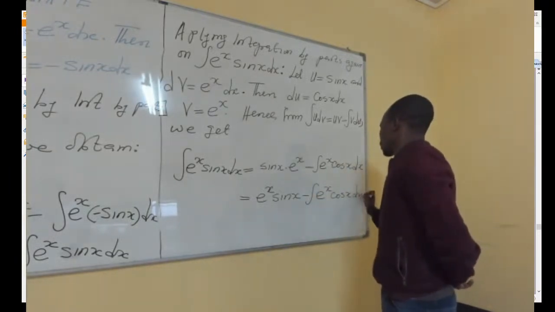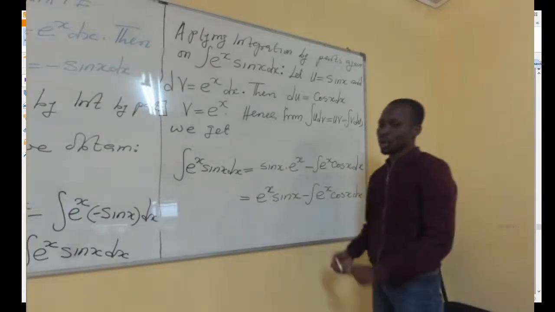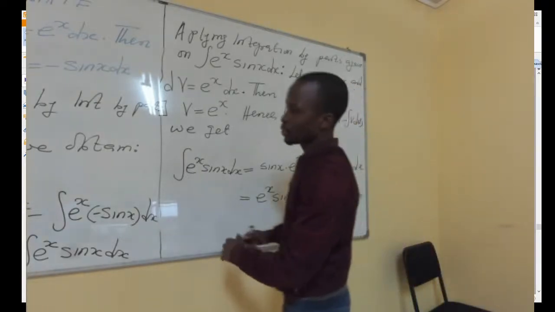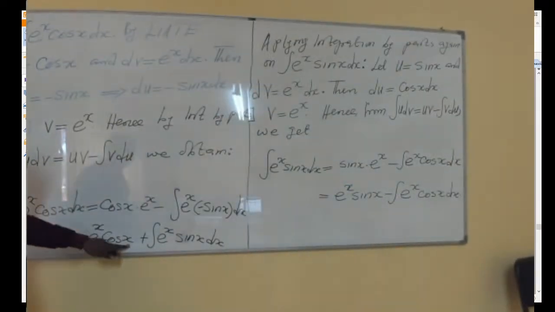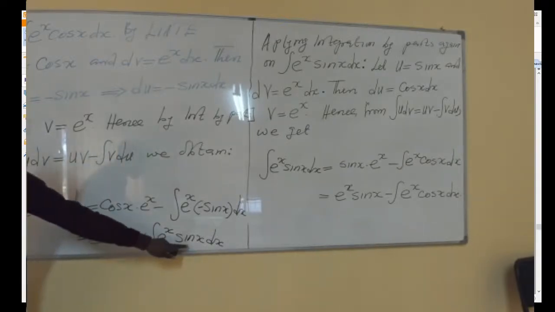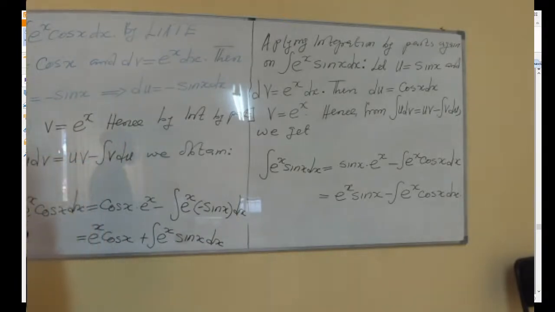of x dx. Now, what you're supposed to do, when you started, you said the integral of e to the power x times the cosine of x dx is equal to e to the power x multiplied by cosine of x, then plus the integral of e power x multiplied by sine x with respect to x.